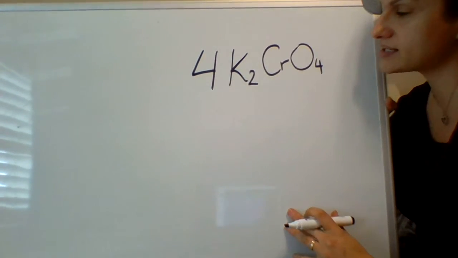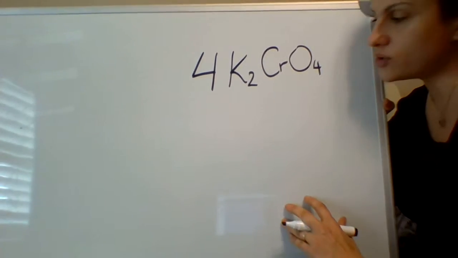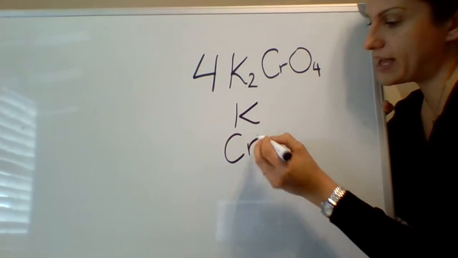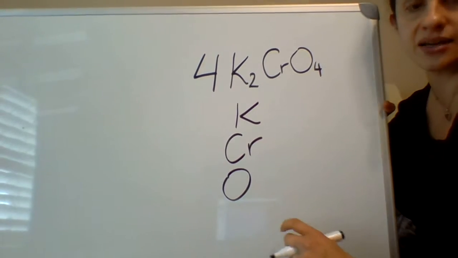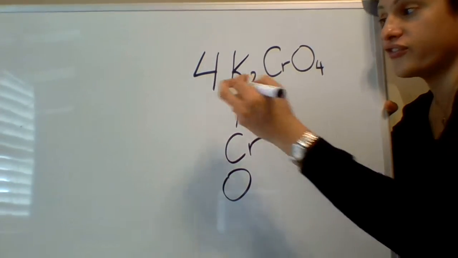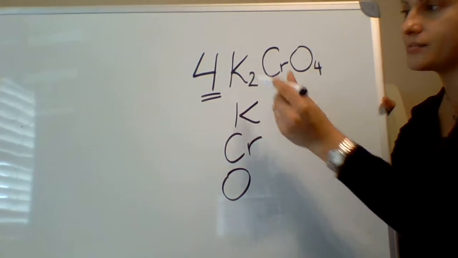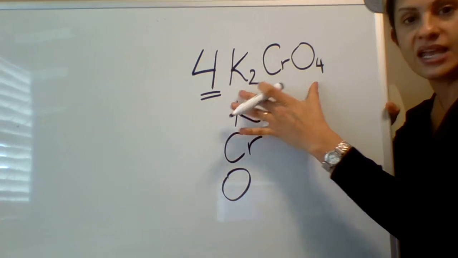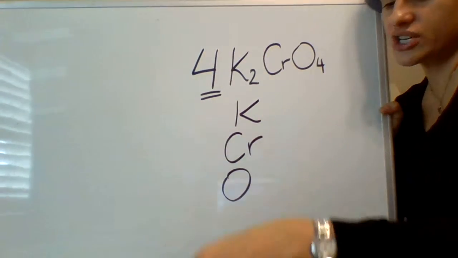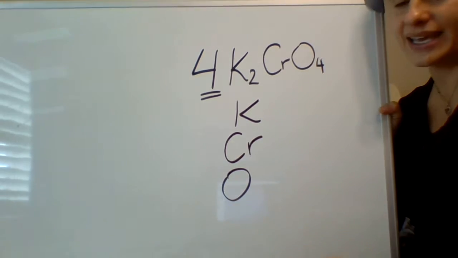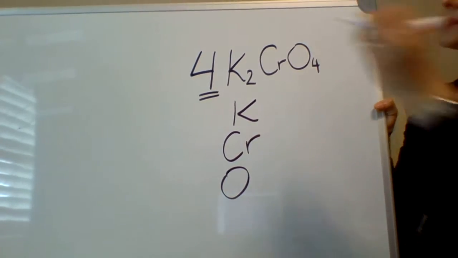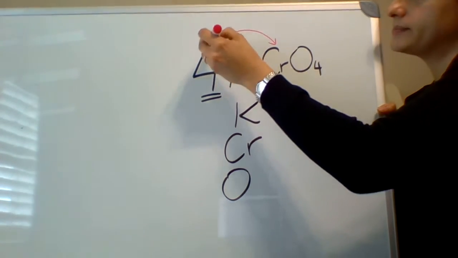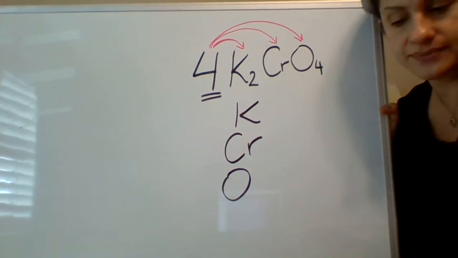Now in this case, I ask you, how many potassium atoms do we have? How many chromium atoms do we have? And how many oxygen atoms do we have? The 4 that comes before the entire formula applies to each and every atom in the formula. And I'll show you how. So the 4 applies to the potassium. It applies to the chromium, and it applies to the oxygen.